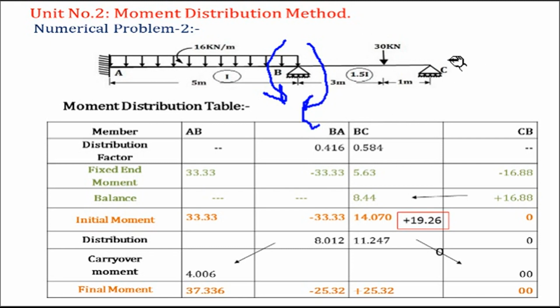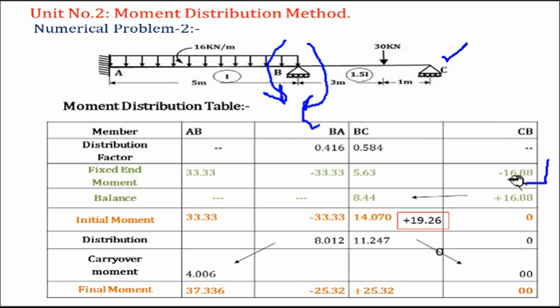Now for support C, which is simply supported. When we talk about this simply supported end, the end moment is equal to 0. For simply supported, it might be with a roller or hinge support. So here fixed end moment is minus 16.88, but it should be 0 because it is simply supported.